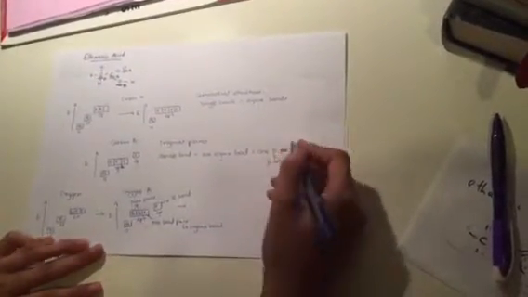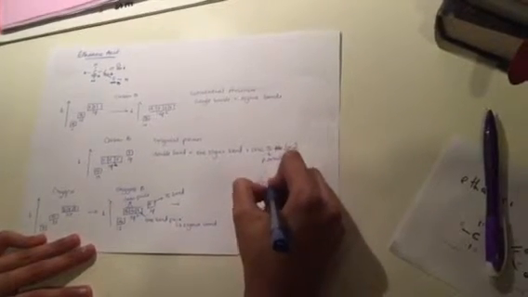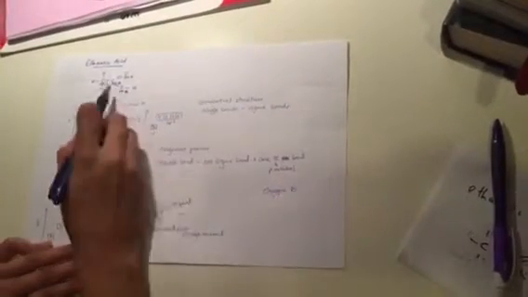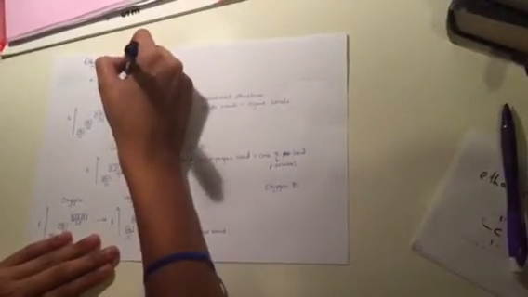Now if you see oxygen B, there's a different hybridization to this. This is because there are 2 single bonds associated with it along with the two lone pairs.